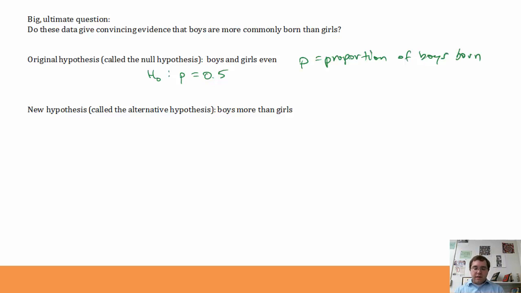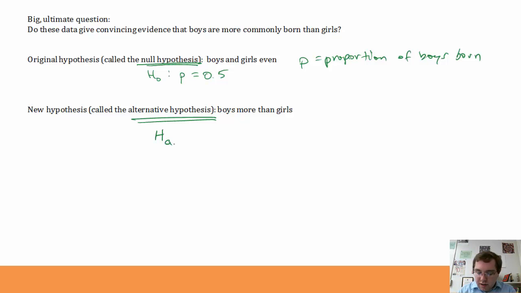Our Null Hypothesis, the hypothesis we begin with, is that they're the same, 50 and 50. The new hypothesis that we get after we take this sample, and the sample seems to suggest something other than 50-50, is called the alternative hypothesis. We have the Null Hypothesis and the alternative hypothesis. That is that there's more boys than girls.